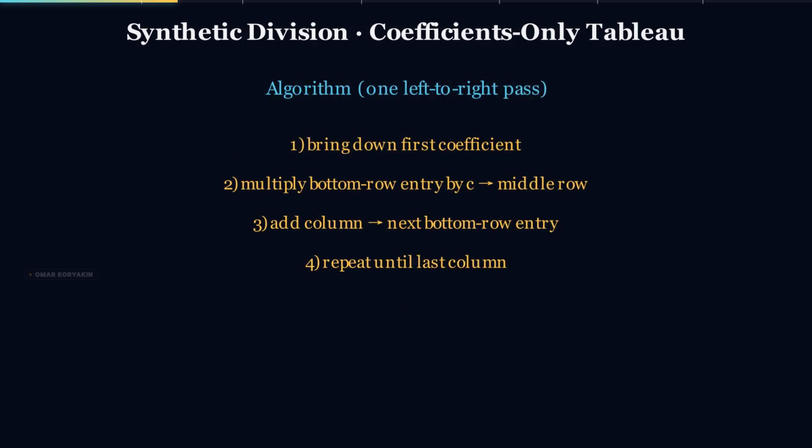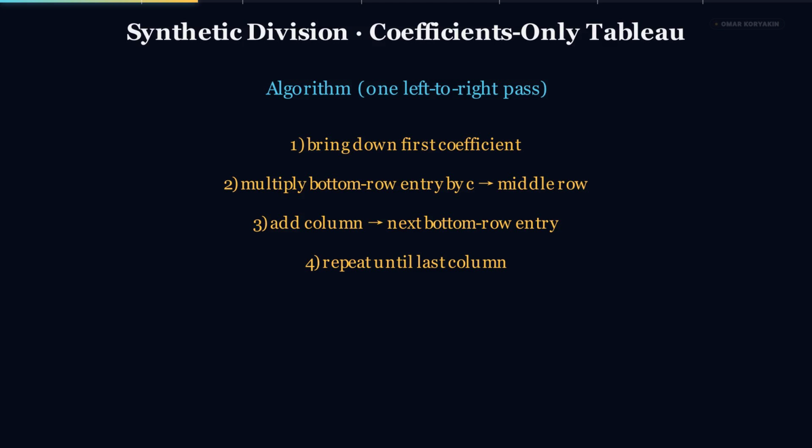Algorithm. Step 1, bring down the first dividend coefficient unchanged into the bottom row. Step 2, multiply the bottom row entry by c and write the product in the middle row under the next coefficient. Step 3, add the column's top plus middle and write the result in the bottom row. Step 4, repeat steps 2 and 3 until all columns are filled. The final bottom row entry is the remainder.